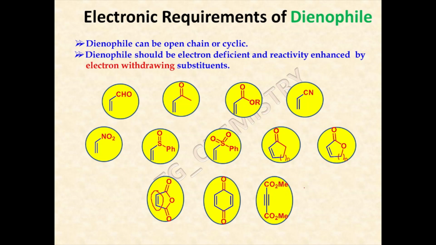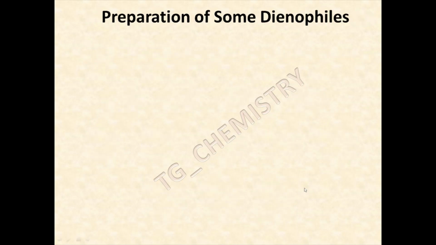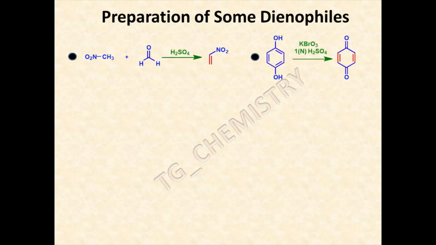Here are the examples. Next comes the preparation of some dienophiles. Like the dienes, we will see the preparation of some dienophiles as well. Where nitromethane, in presence of formaldehyde and H2SO4, can produce the dienophile, the vinyl nitro compound here, which can act as a dienophile.